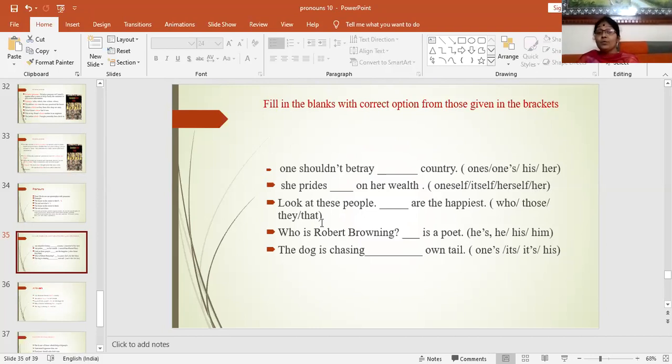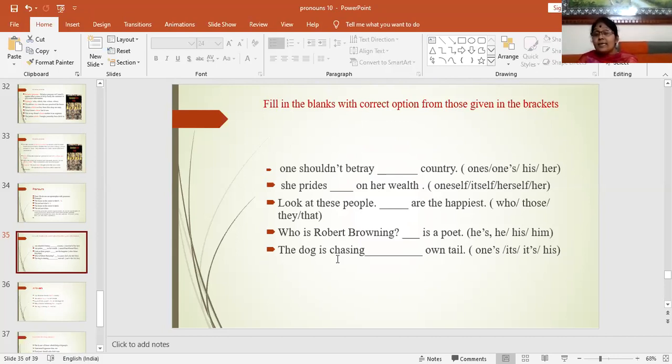Which one are we going to use? Who is Robert Browning? Who is Robert Browning? Dash is a poet. He's, he, his, him. Which is the right answer?